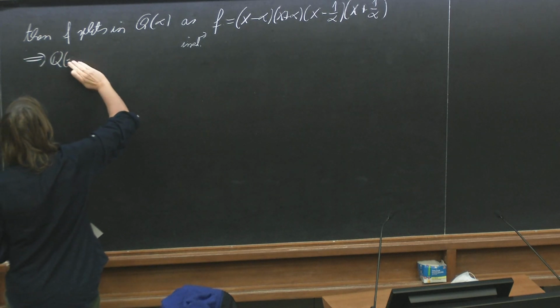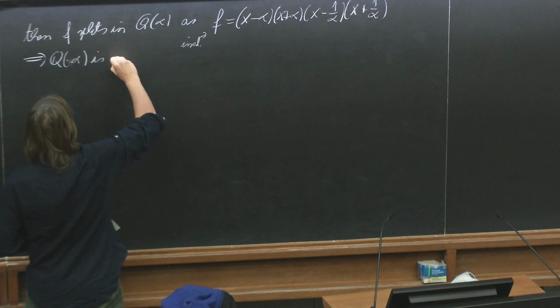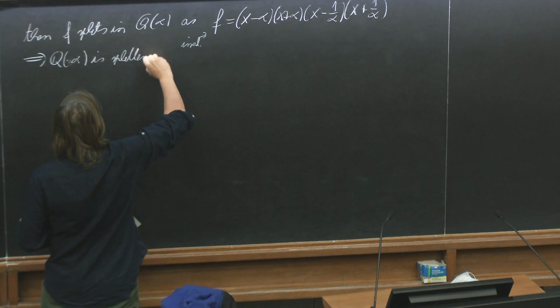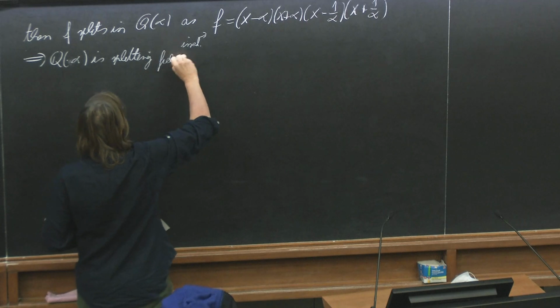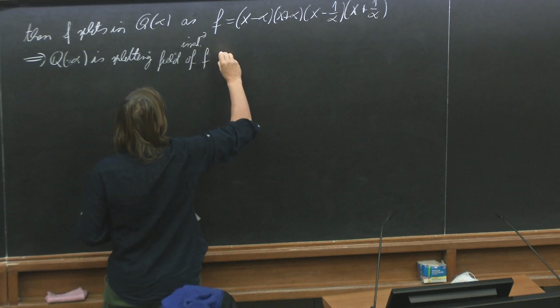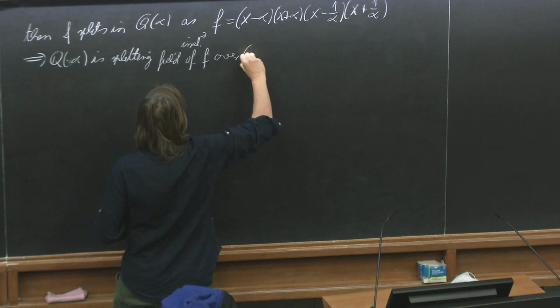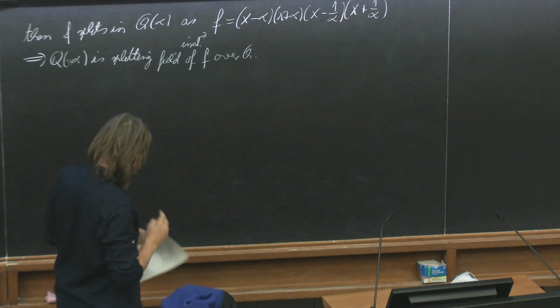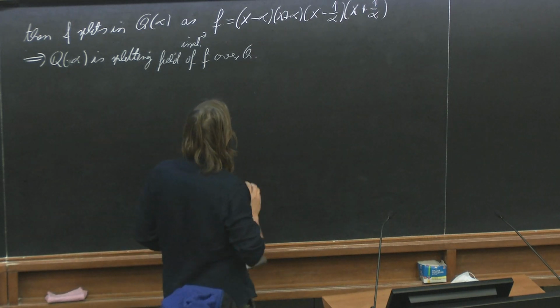Alpha is a splitting field of f over Q of degree 4. So we know that the Galois group has 4 elements.